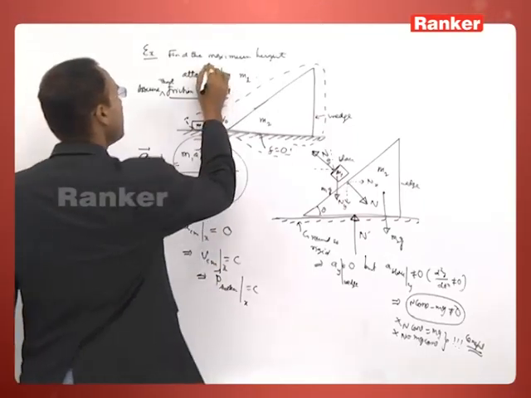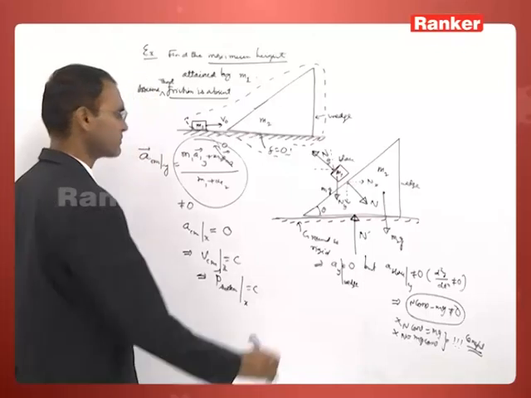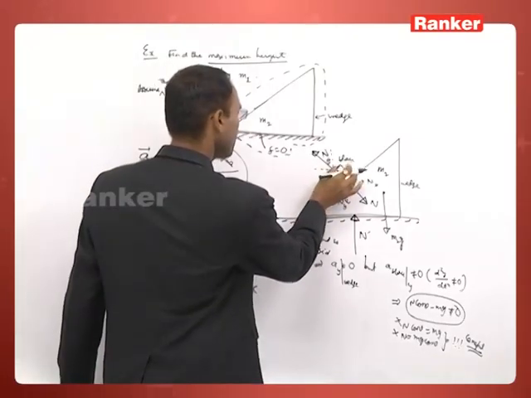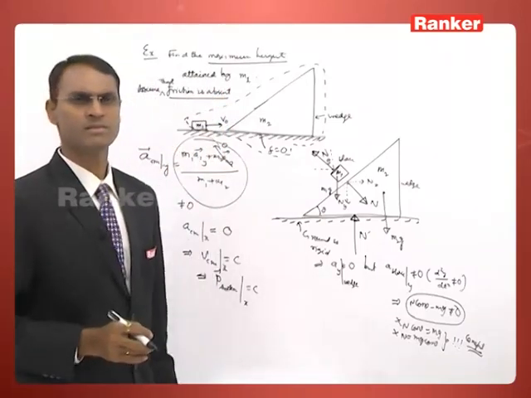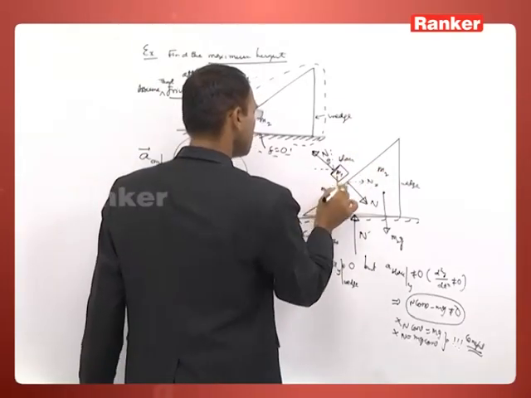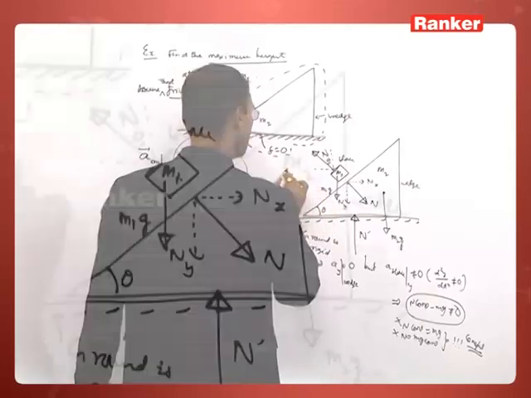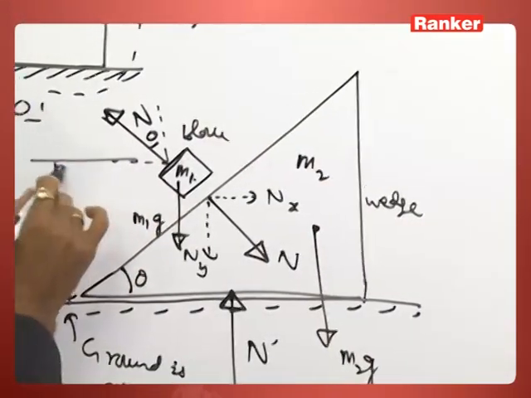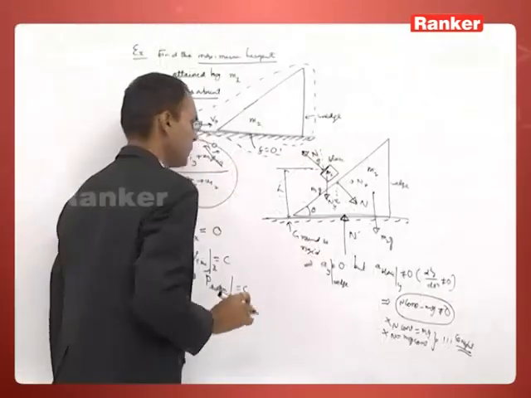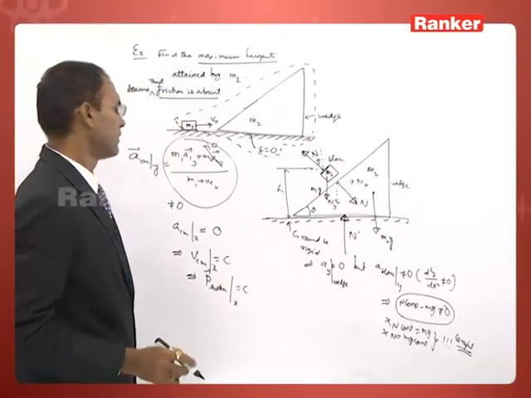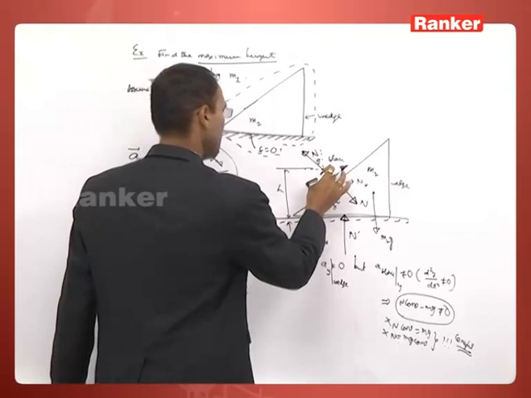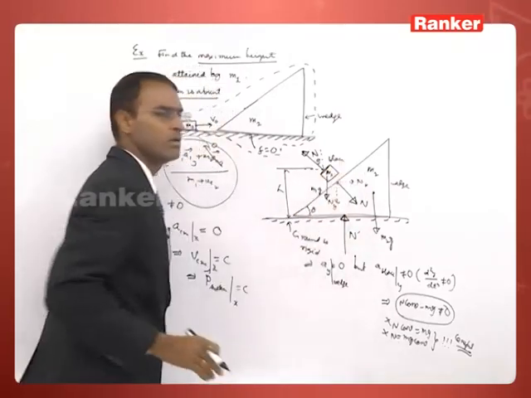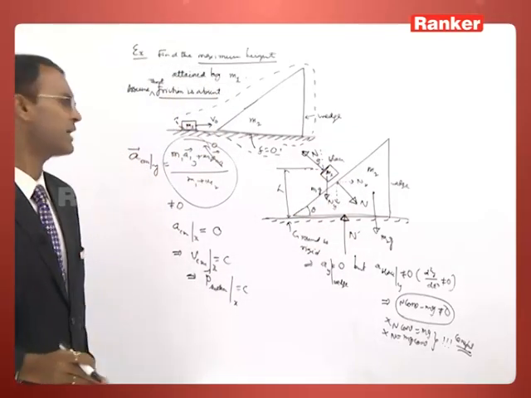To get the maximum height, this block will go on climbing onto the wedge to a particular position, say this position. It will not move with respect to the wedge. The relative velocity of these two bodies will be exactly equal to 0 at that instant.